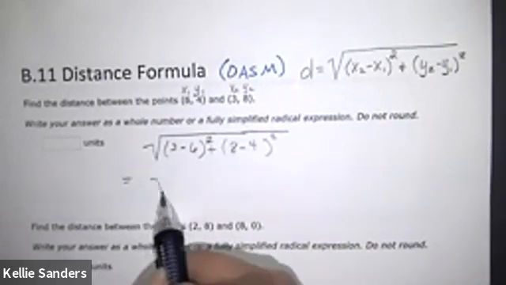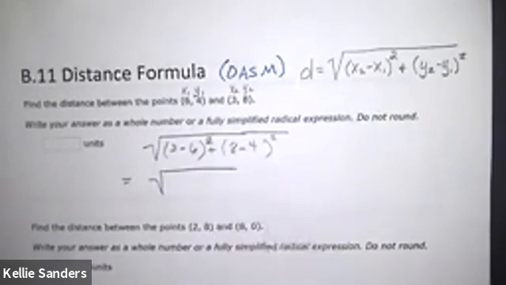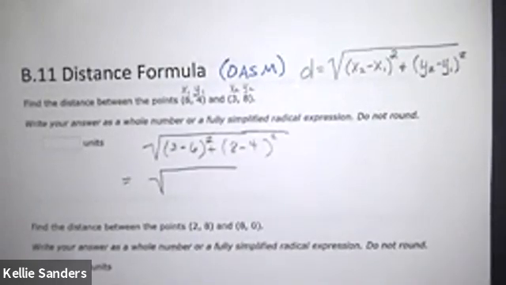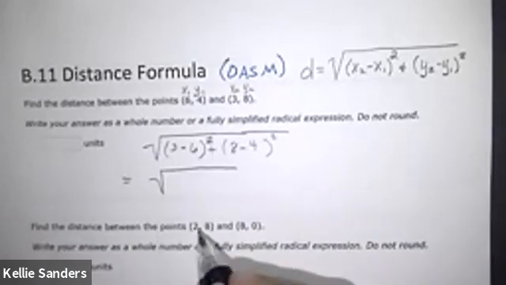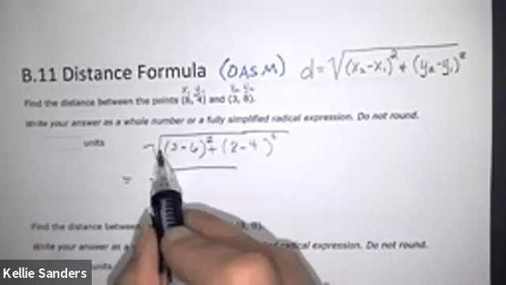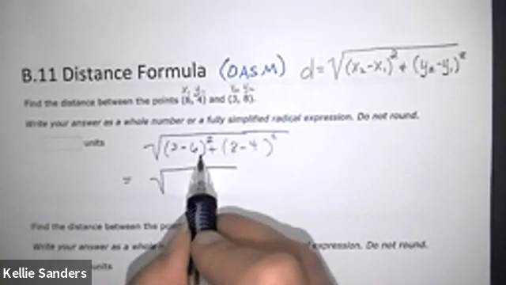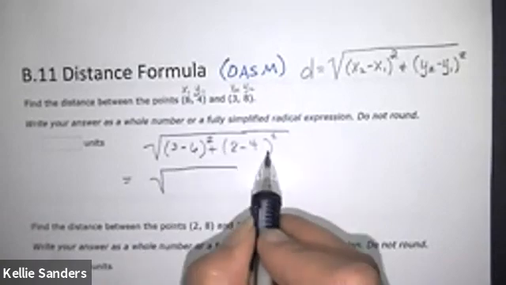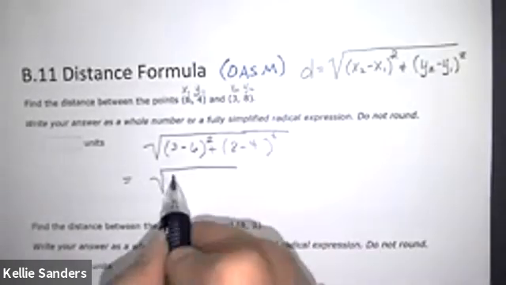Especially if you had a calculator handy. I did not bring a calculator home with me, and that's where I'm doing all of these recordings. So I'm going to have to do these the old-fashioned way, which is fine. I'm not scared. But a calculator would help you a lot. If you're using a calculator, I cannot stress enough that you must use the parentheses.